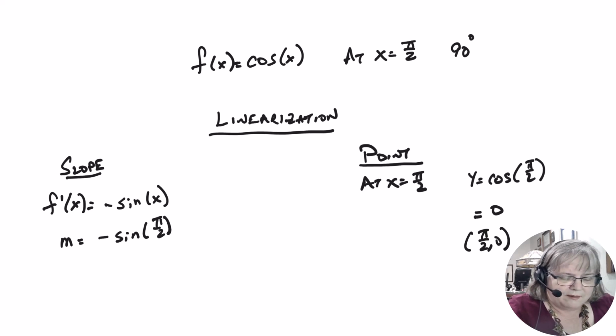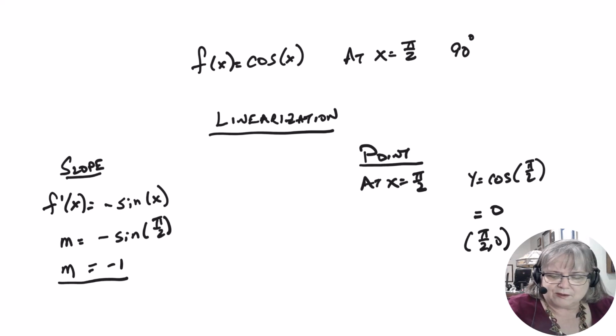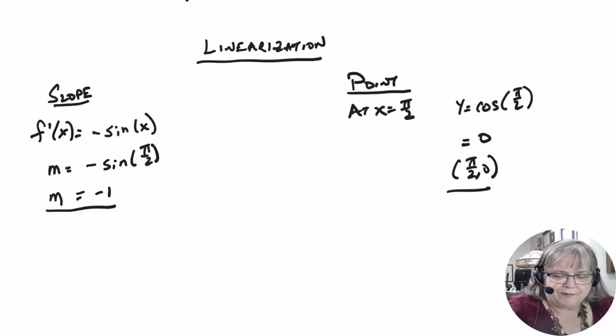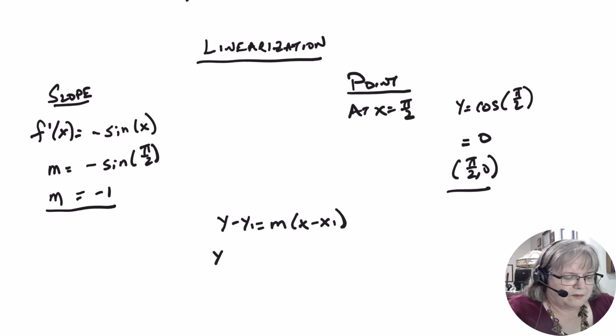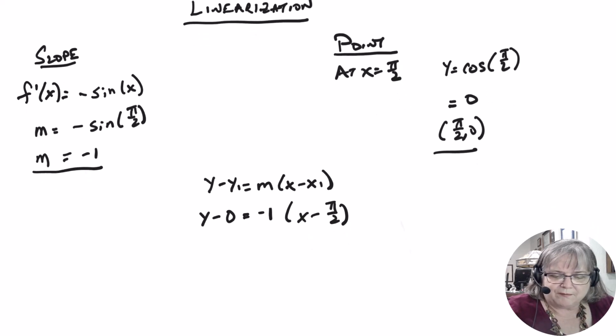Right, and sine of pi over 2 is 1, because remember sine climbs, but then you have minus 1 because you have that minus in front of it. So here's your slope, here's your point, and you're back to y minus y1 equals m times x minus x1. So y minus 0 equals m, which is minus 1, times x minus x1, which is pi over 2, right?